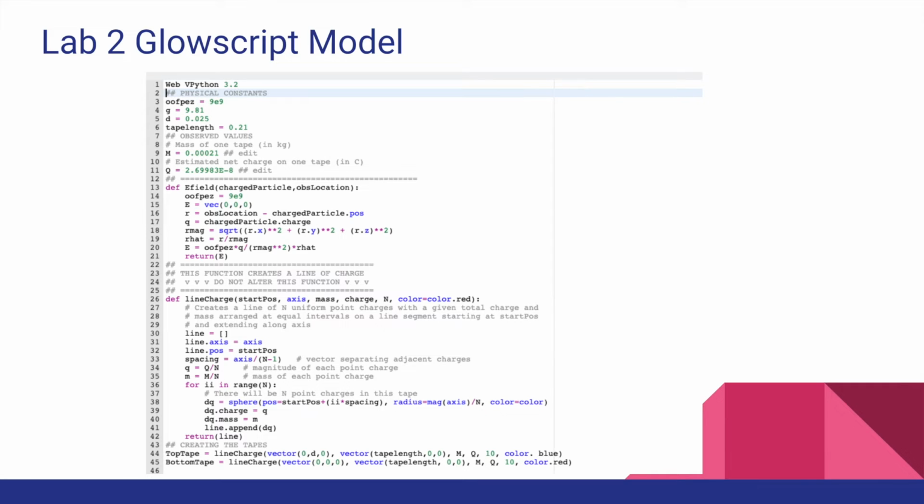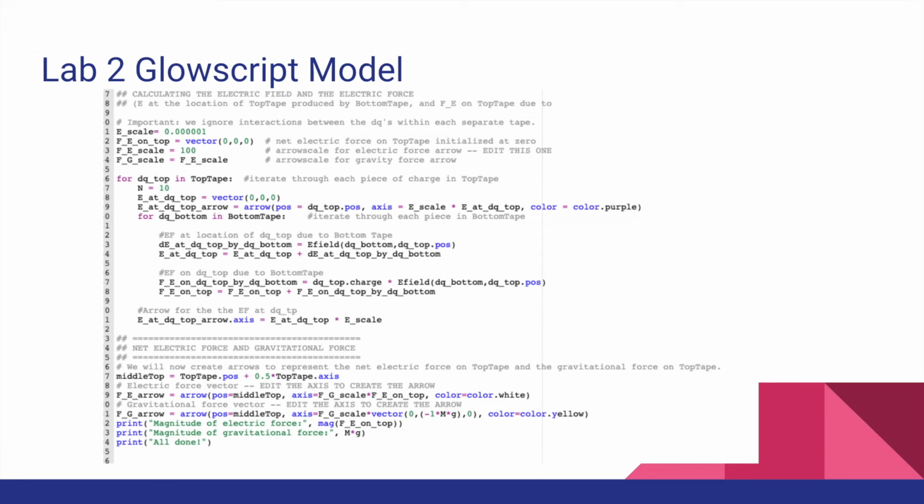From there, we created a model for the line charge, where we can model each of the tapes as a line of 10 different segments. Then we calculated the electric field onto tape B from each of the 10 segments of tape A. After finding the electric field of each segment, we found the force onto tape B and summed them all together to find the net force.